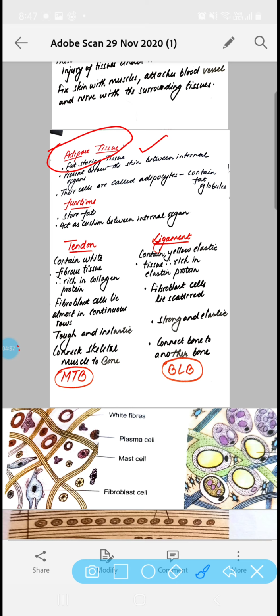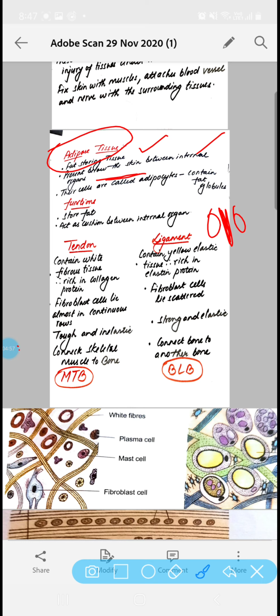Like areolar tissue, it is also present below the skin and between the internal organs. Like two different internal organs are there, in between them the adipose tissue is there.